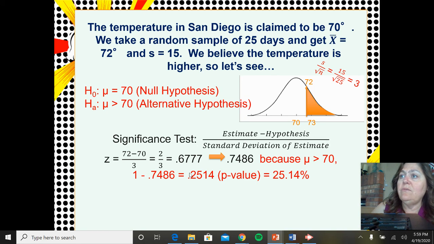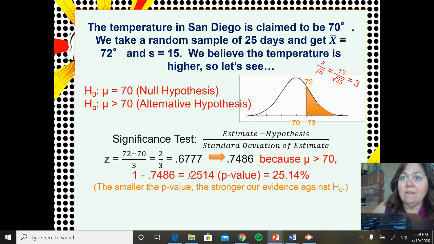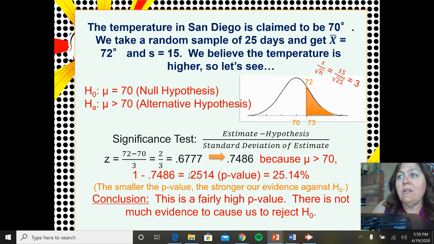If that was true, well, that's pretty likely, right? So remember, the smaller the p-value, the stronger our evidence is against that H0, and this is not very small. This is quite large. So there is not much evidence to cause us to reject the H0. So we would be saying, since p equals 0.2514, which is greater than alpha equals 0.05, we do not have statistically significant data.